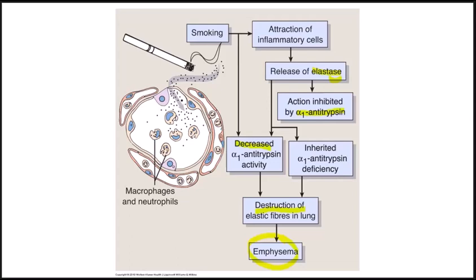So that is a rare deficiency that is really the only known genetic or inherited factor that will increase somebody's risk of developing emphysema. But if we look back up here, what we can see is that smoking in and of itself decreases alpha-1 antitrypsin activity, in addition to the attraction of inflammatory cells.